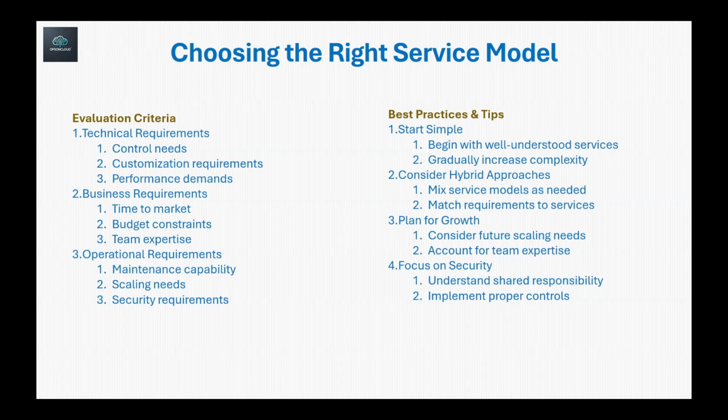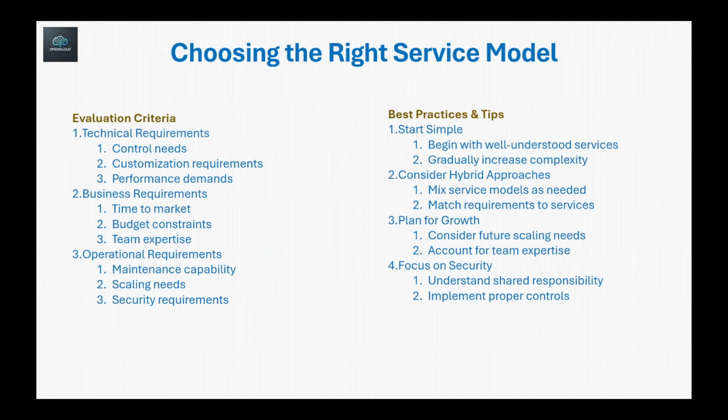But when it comes to business requirements, it's time to market. PaaS and FaaS can speed up deployments. Budget constraints: if we have budget constraints, SaaS can be cheaper if you just need a ready-made solution. At the same time, team expertise. If your team isn't familiar with infrastructure management, PaaS and SaaS might be easier. Operational requirements, so maintenance and capability.